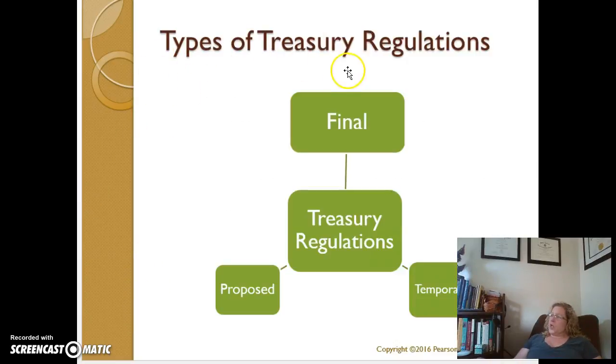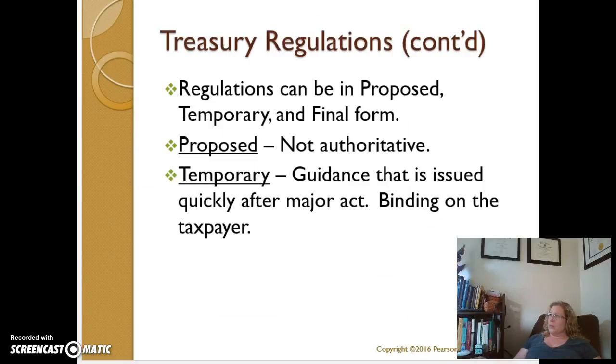The types of Treasury regulation include proposed, temporary, and final. Proposed: these are not authoritative, which means you can't really rely on them because they're just proposed. We don't know how they're going to end up.